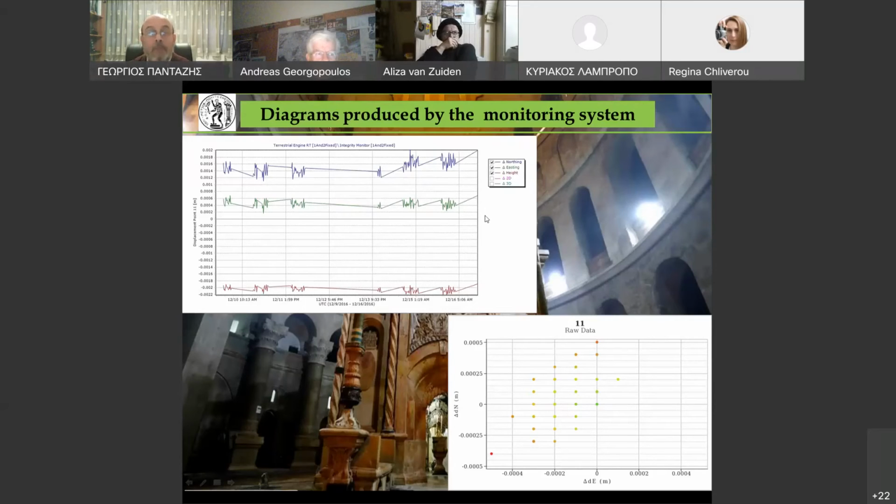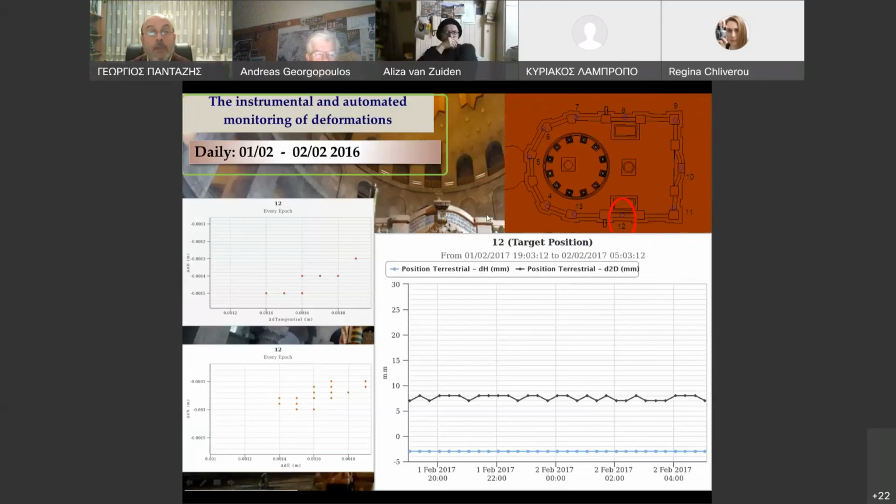And in this diagram we can see there is a possibility to extract results daily, such as in this diagram, different diagrams: daily, weekly, and monthly.